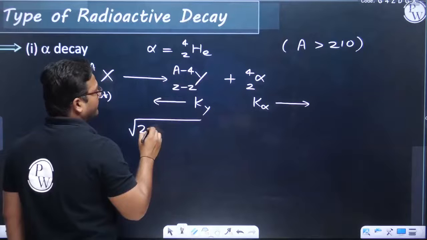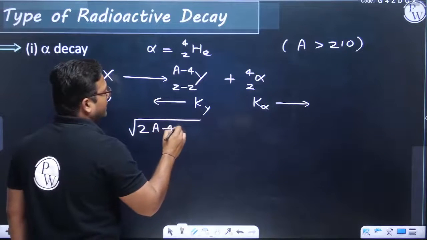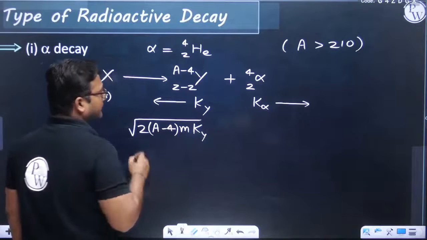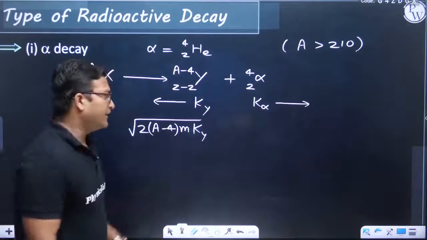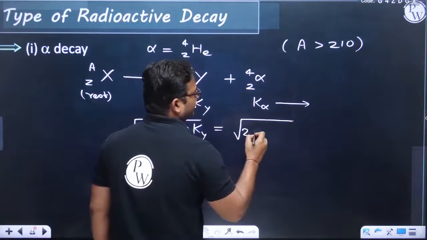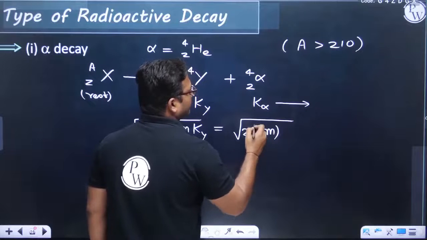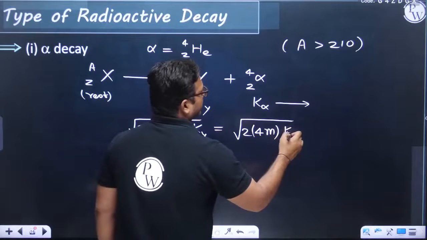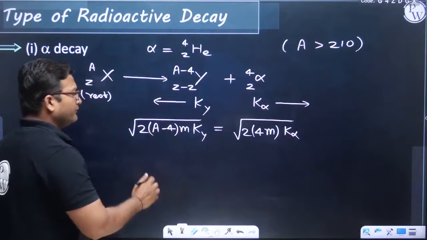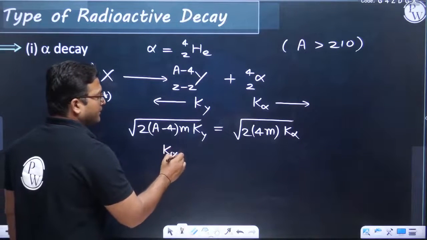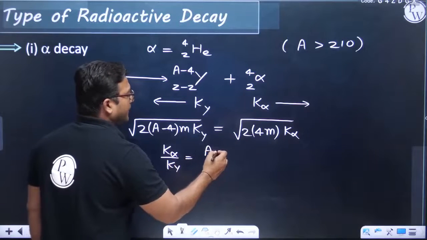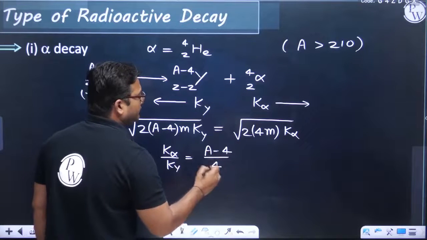The mass of Y would be A minus 4 times the mass of one nucleon, times Ky. This is the momentum of the daughter nucleus, and the momentum of the alpha particle would be square root of 2 times 4m times K alpha. If you square both sides and cancel common terms, you will have K alpha upon Ky as A minus 4 by 4.